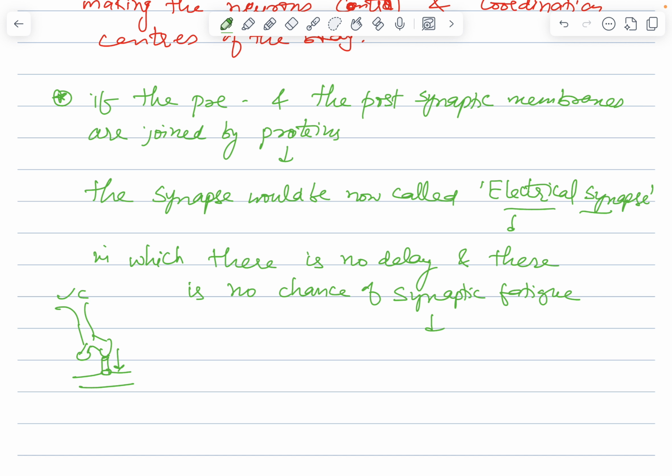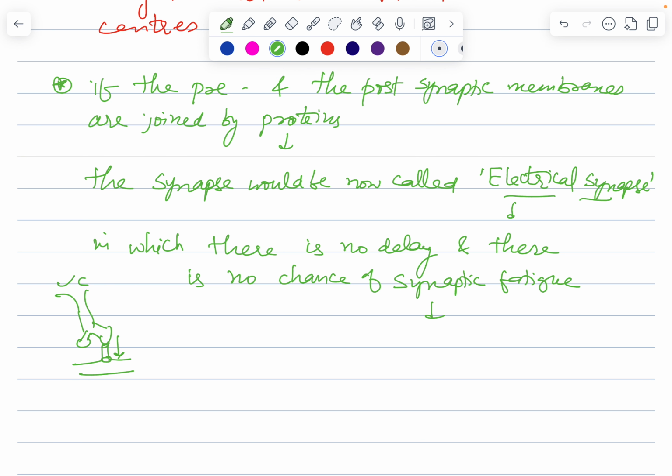So do you think electrical synapses are better? Looks like that. But what is the problem with the electrical synapse? If action potential can come down, can it go up also? Yes, because the protein will allow bidirectional impulse transmission.